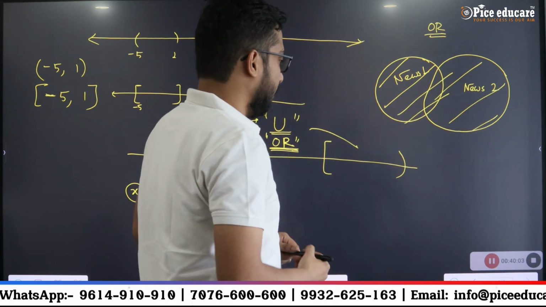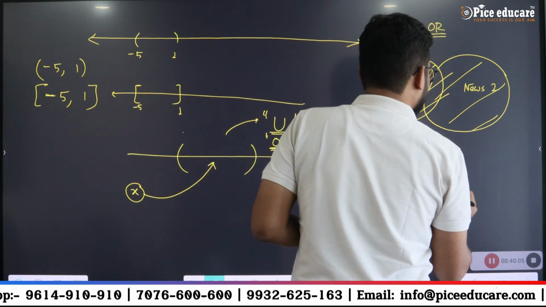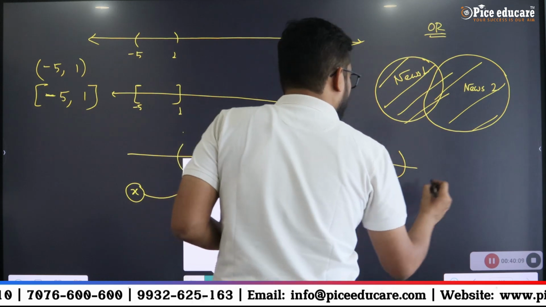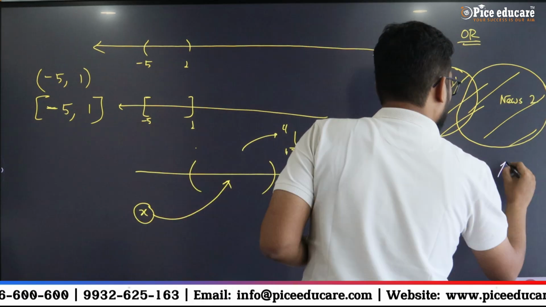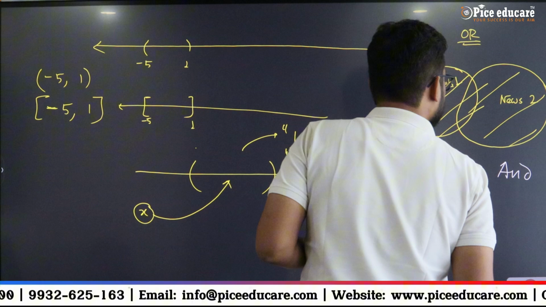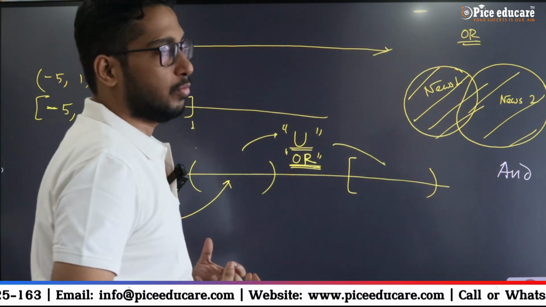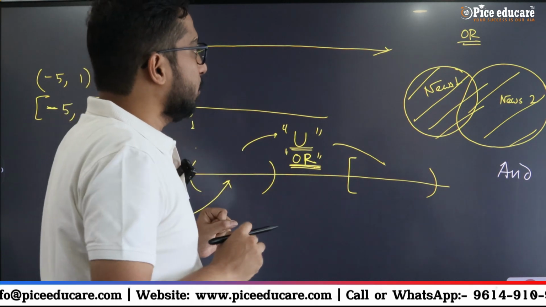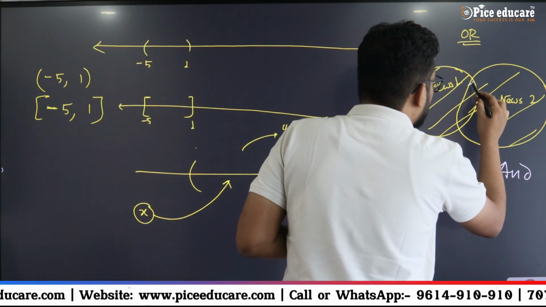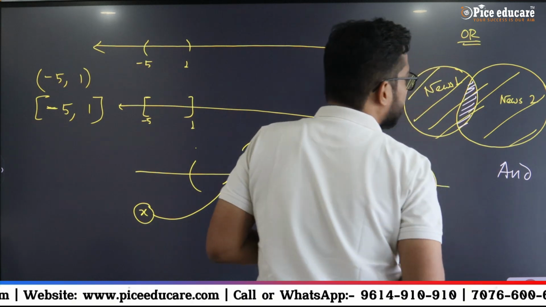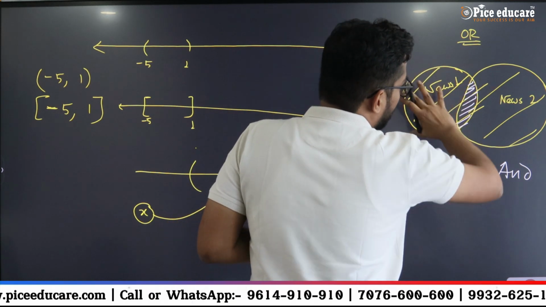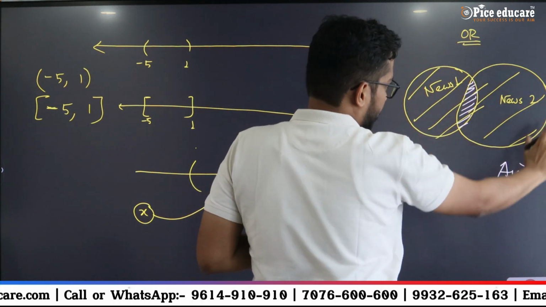But the moment I say who are these people who read newspaper number 1 and newspaper number 2, I am talking about this zone. Because this is the zone which is common to both the sets.